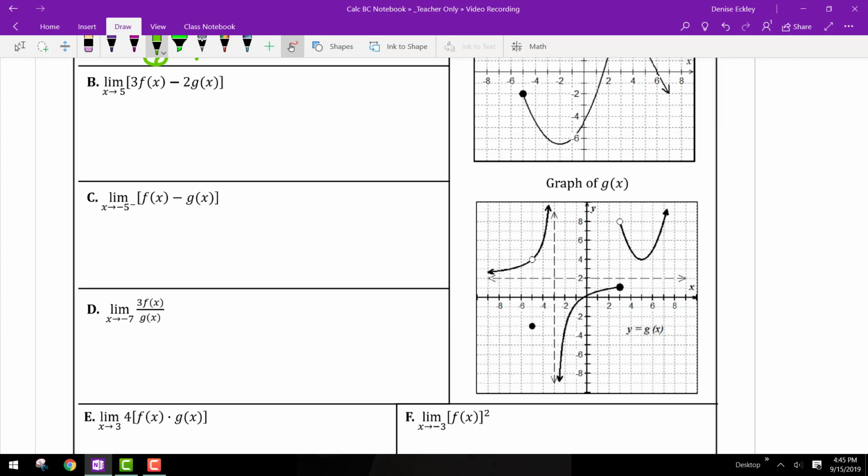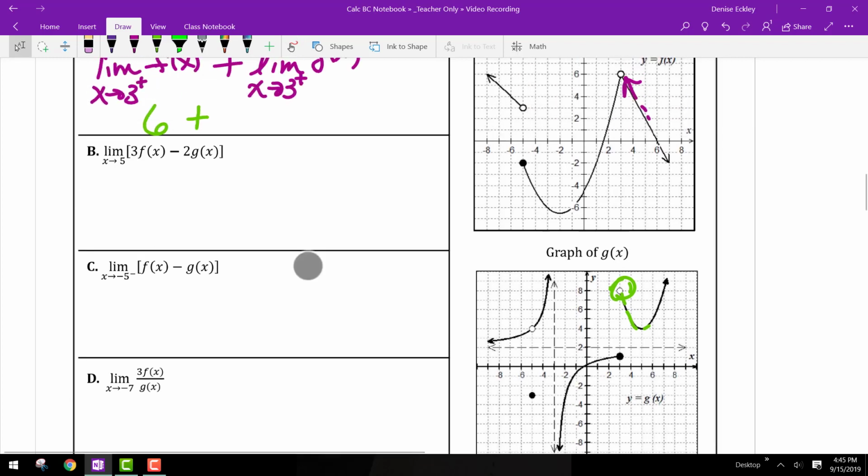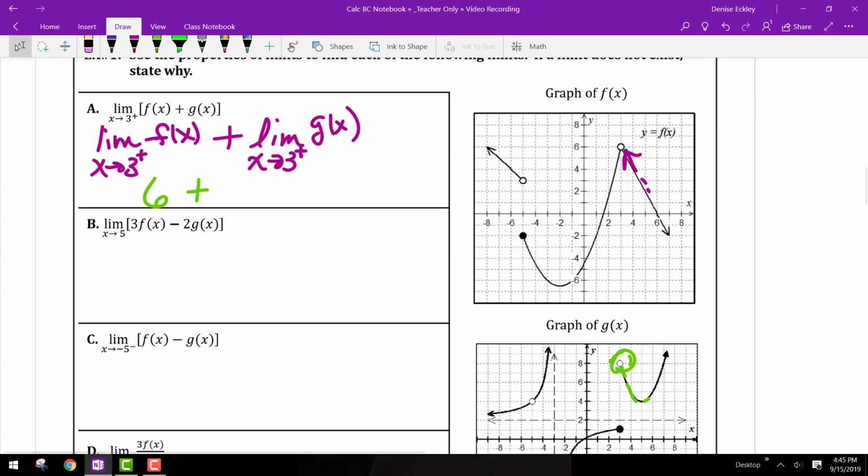So we're going to follow along this way, and we reach the value of 8. So the limit as x approaches 3 from the right of f of x plus g of x is 14.